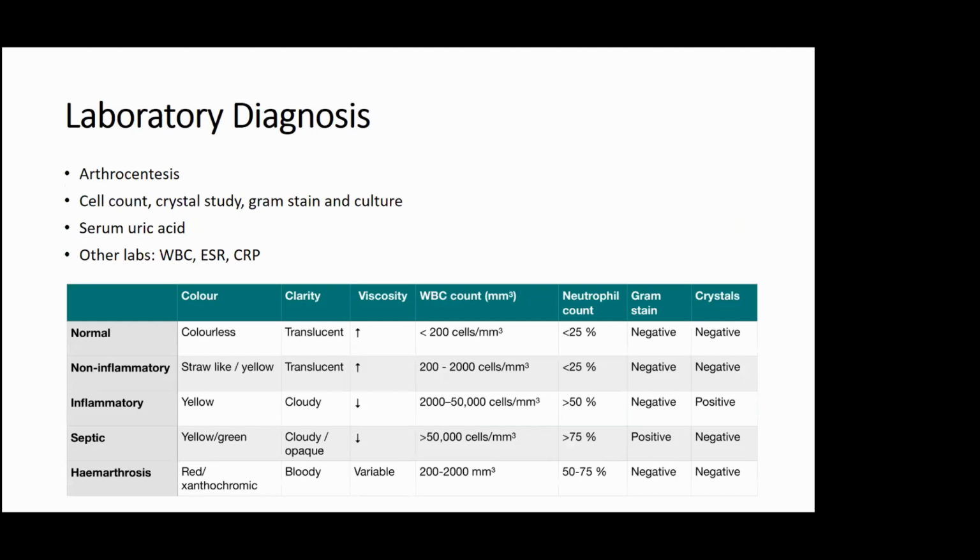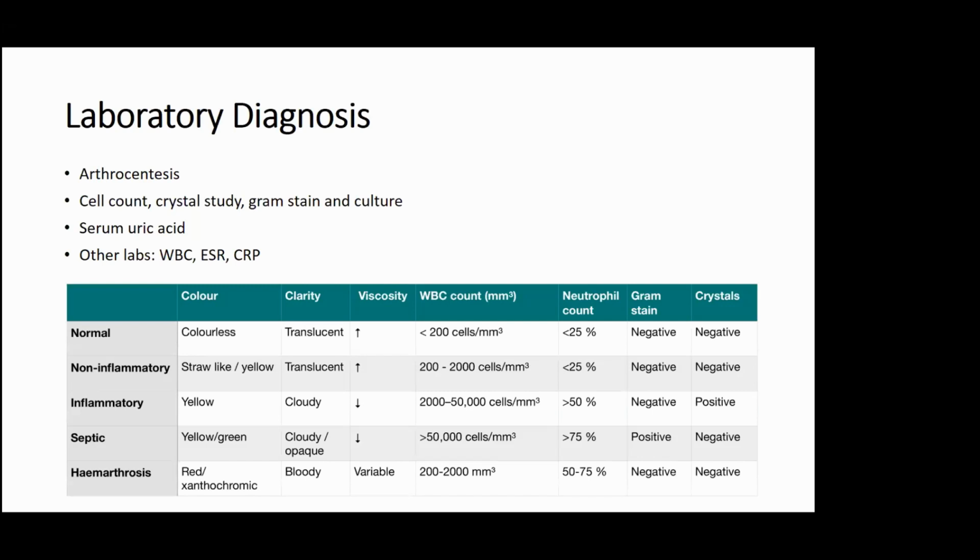The most definitive way to confirm gout is through arthrocentesis, sending the synovial fluid for cell count, crystal study, and also Gram stain and culture. In the context of an acute microcrystalline arthropathy, there's most often a prominent leukocytosis in the synovial fluid.